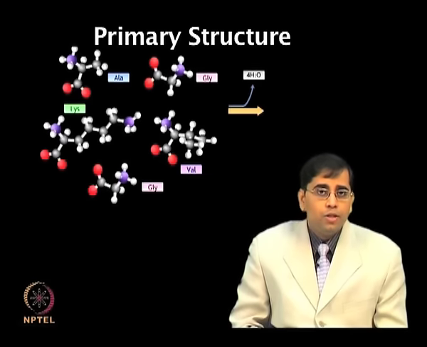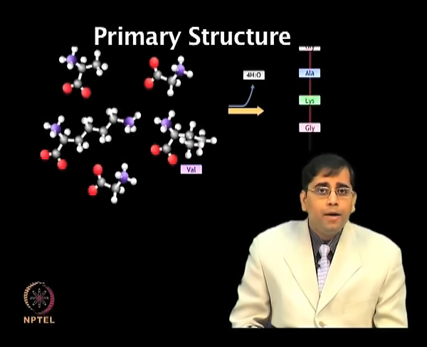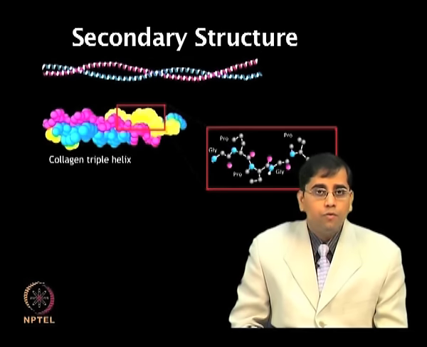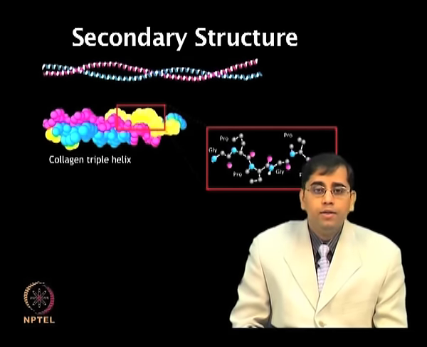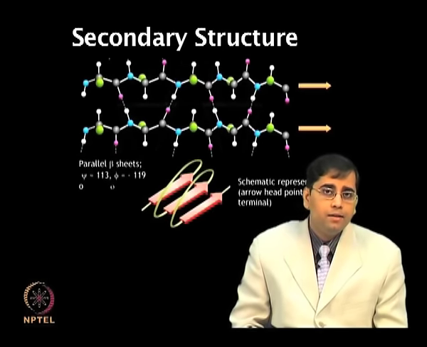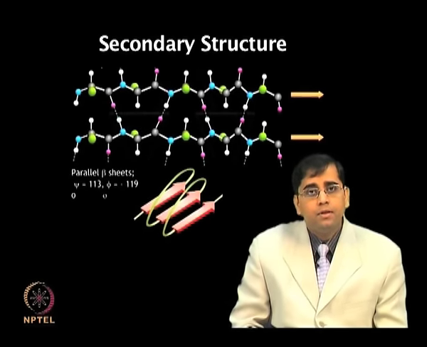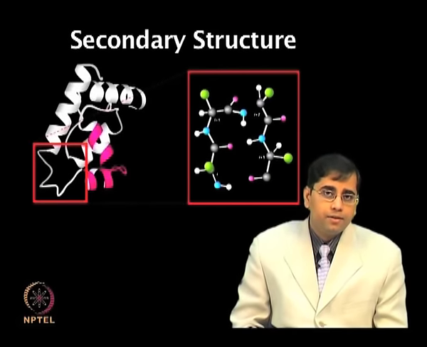The linear sequence of amino acids constitutes the primary structure. Folding of polypeptides or protein chains into regular structures like alpha helices, beta sheets, turns and loops gives rise to secondary structure.